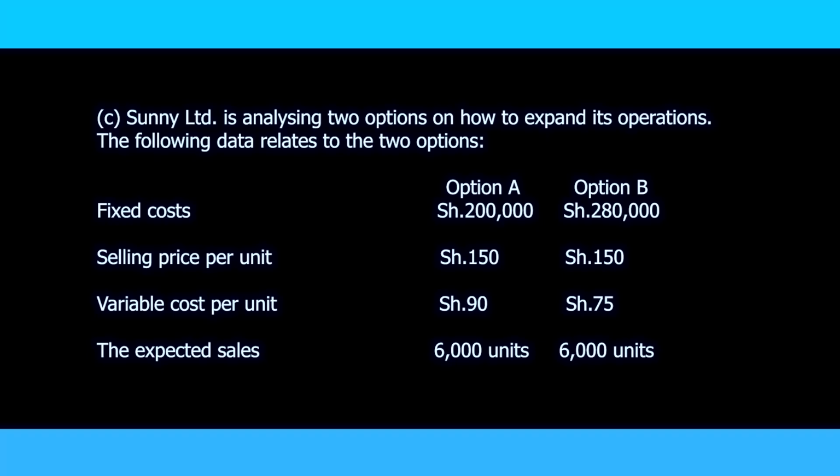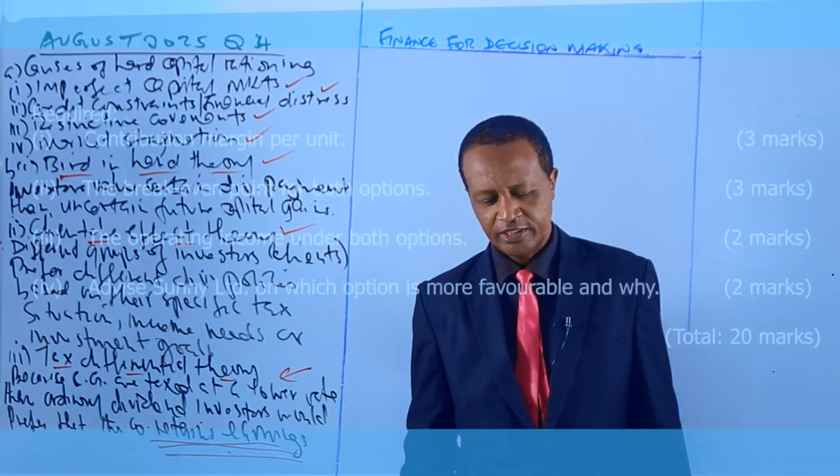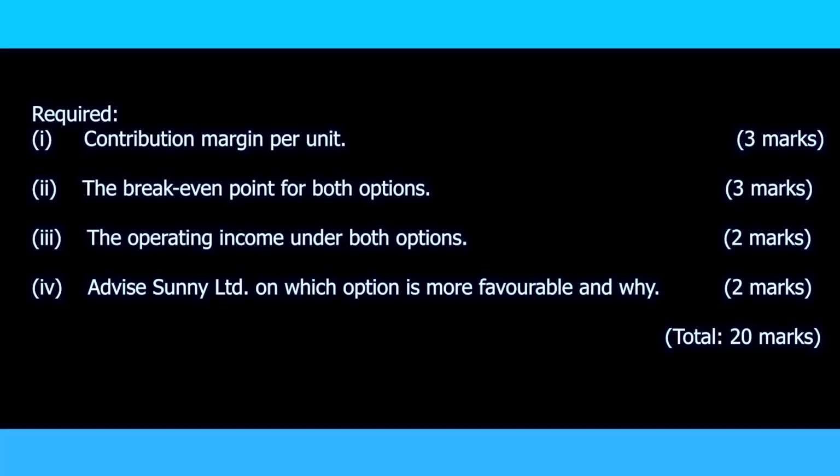So we have fixed cost for option A, selling price per unit for option A and B, variable cost per unit for option A and B, the expected sales for option A and B. Then the next page reads, required: Roman 1, contribution margin per unit, 3 marks.